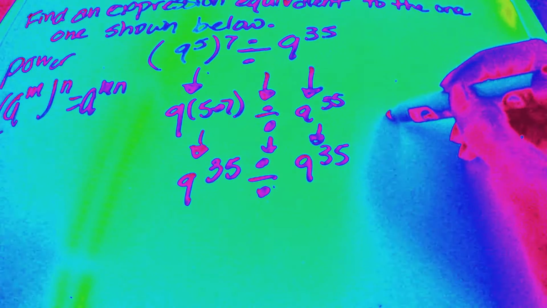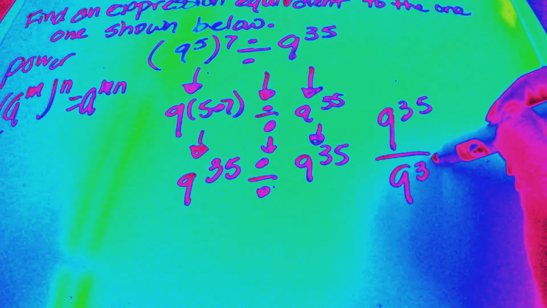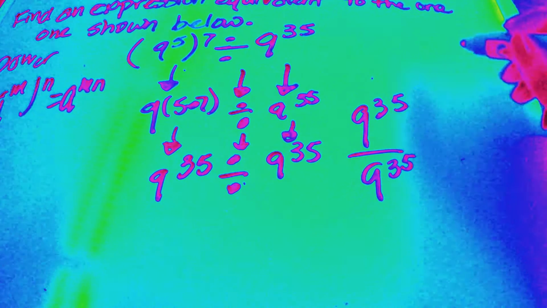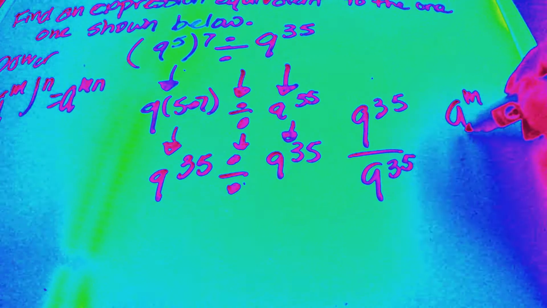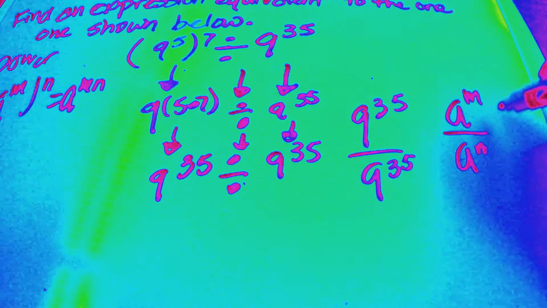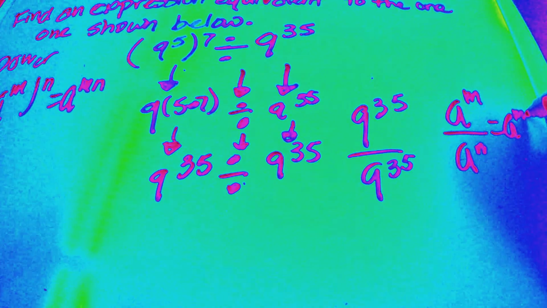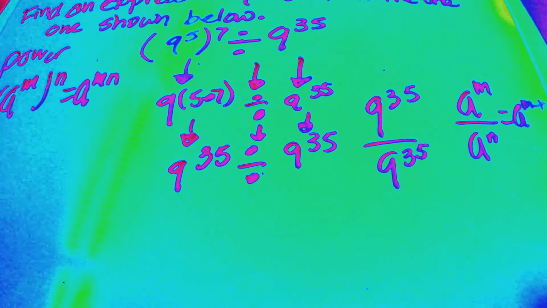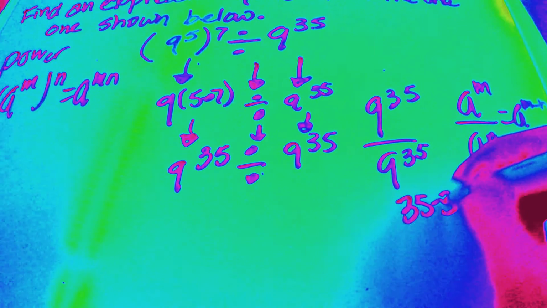And the quotient rule says that when we have exponents divided by each other, we need to subtract them, m minus n. So all we have to do is subtract them. 35 minus 35 is what? 0.